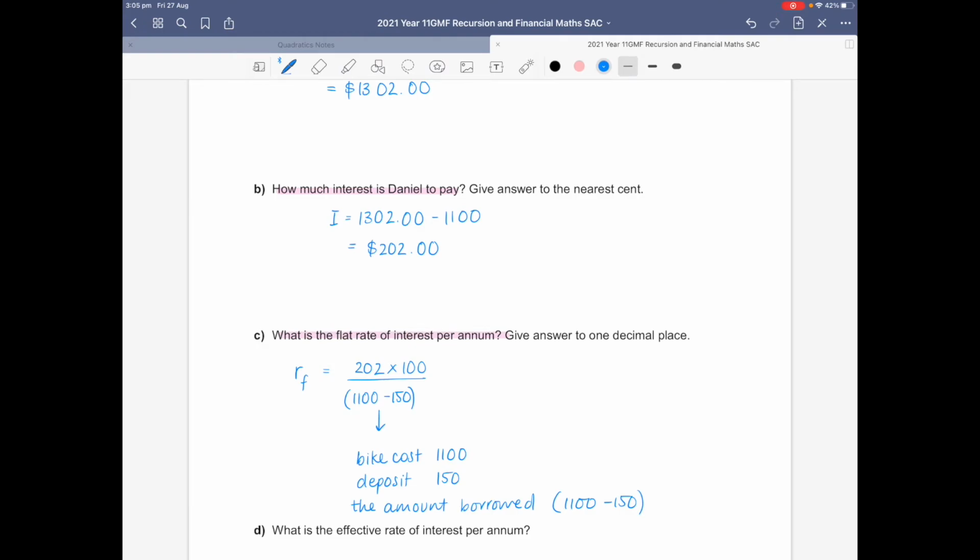That's why I've put that in brackets, and then we need to multiply that by 2 for the time.